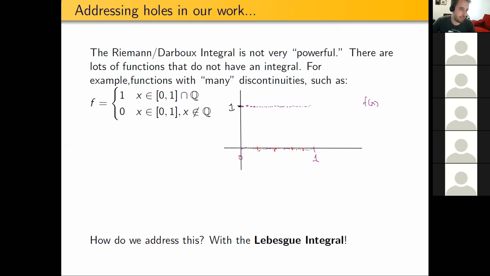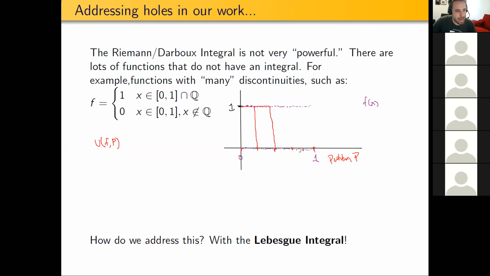I don't want to spend too much time rehashing it, but I will point out that if I construct a partition, here's my nice arbitrary partition, we'll call that partition P, my upper sum for the function f with the partition P is what I'll get when I multiply the lengths of these intervals times the maximum height, the supremum height, which is always going to be 1.